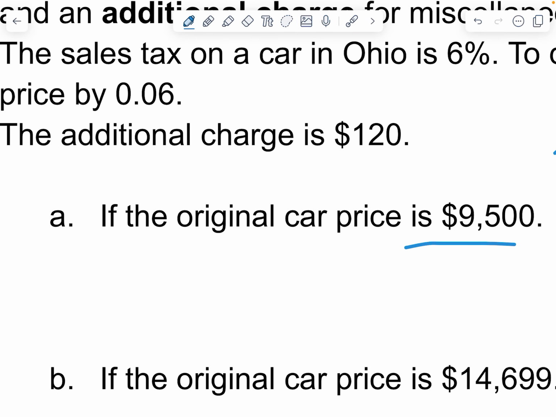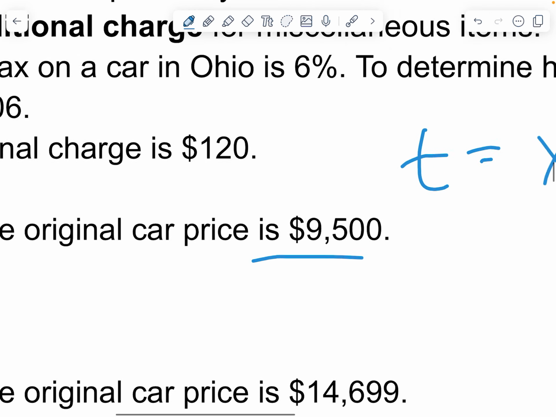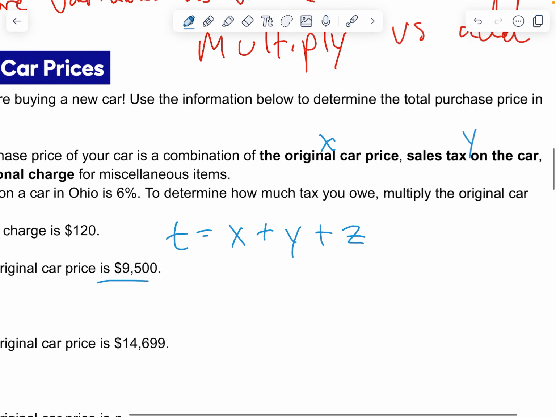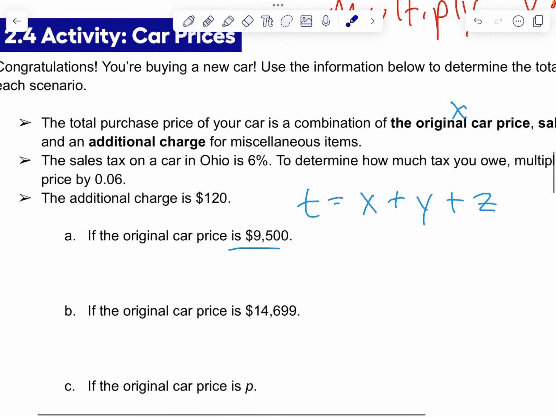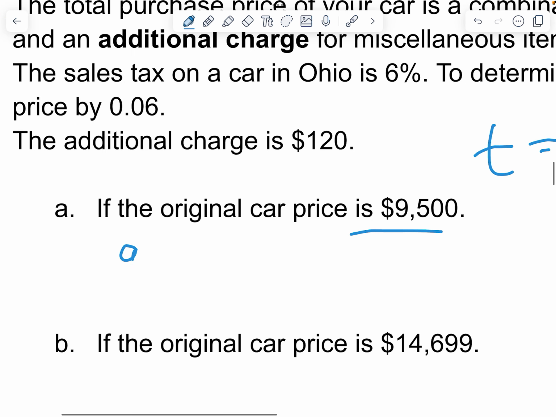So if the original car price is $9,500, then the sales tax on the car is going to be this Y value, but we don't know what that is until we multiply by 0.06. So let's take 9,500 and multiply it by the sales tax, 0.06.